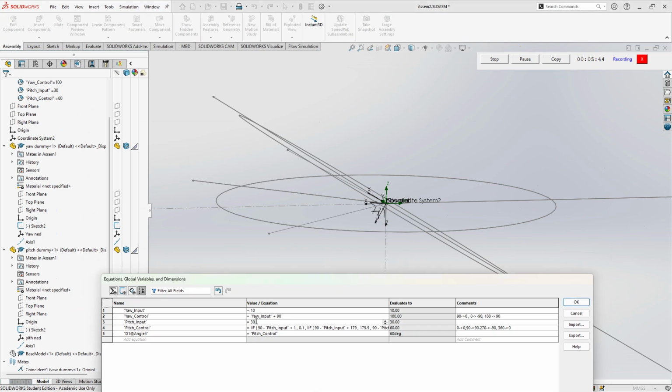I will be doing the simulations in steps of 10 degrees, so I don't want to hit 180, because when I did this for a couple of days over and over again in different ways, I think we have a singularity issue with the mates.